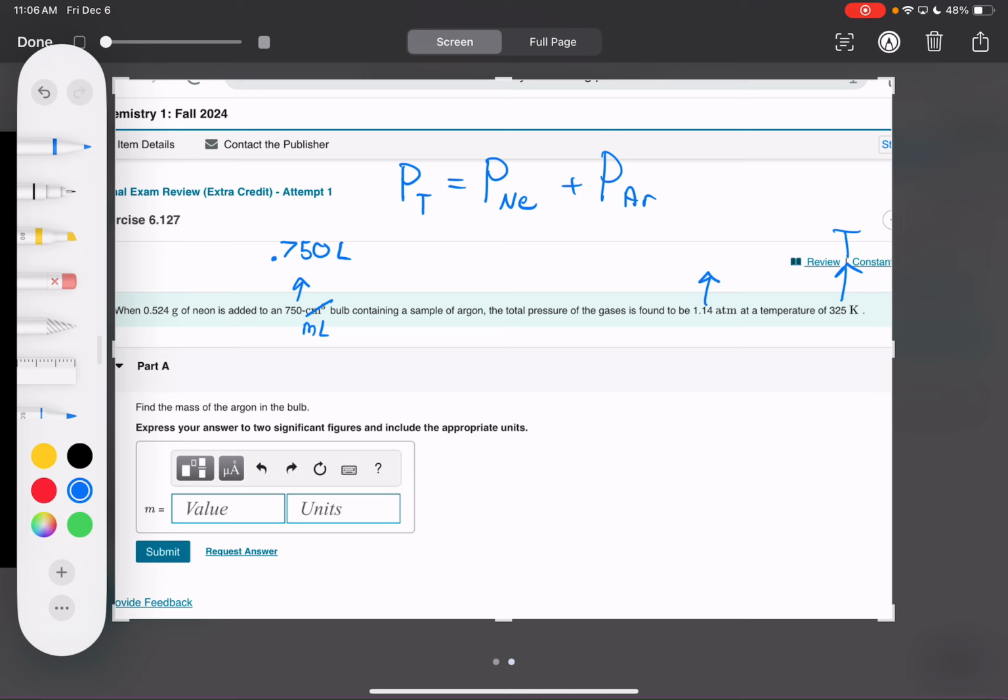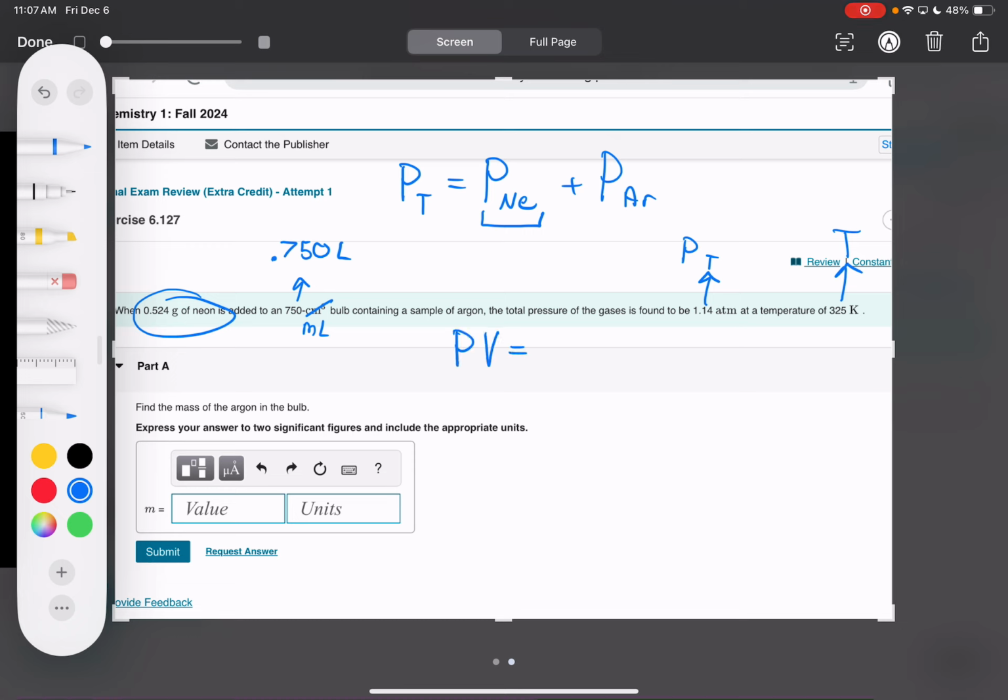And this pressure that's listed here is your P total. So because you have the mass of neon and you have T, P, and V, you have enough information that you could calculate the pressure of neon. Okay, so let's go ahead and do that.